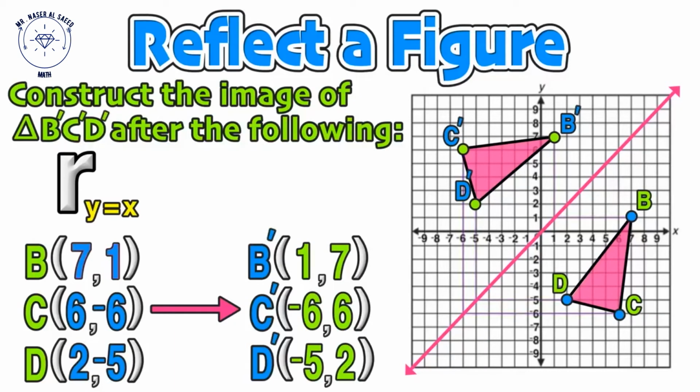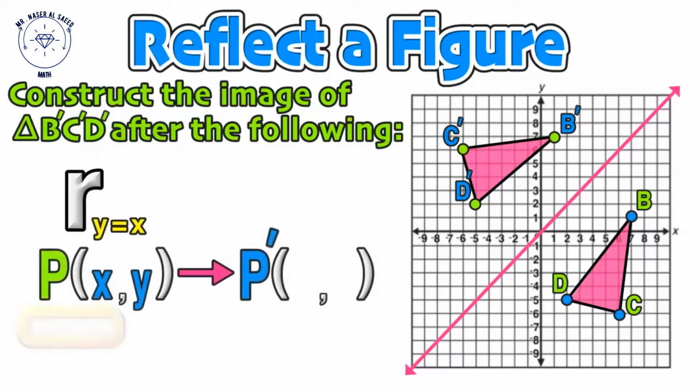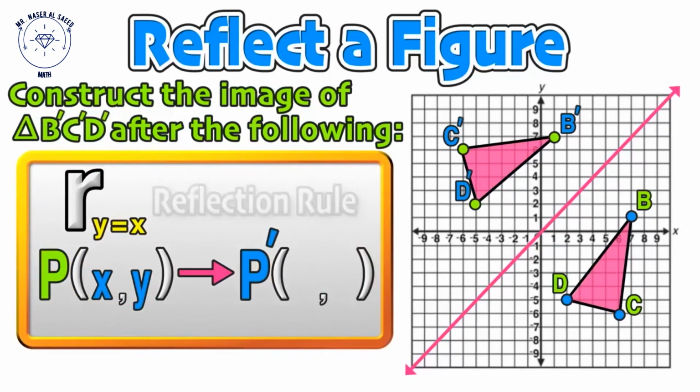Note the coordinates of B at (7, 1) and B prime at (1, 7), C at (6, -6) and C prime at (-6, 6), and D at (2, -5) and D prime at (-5, 2).